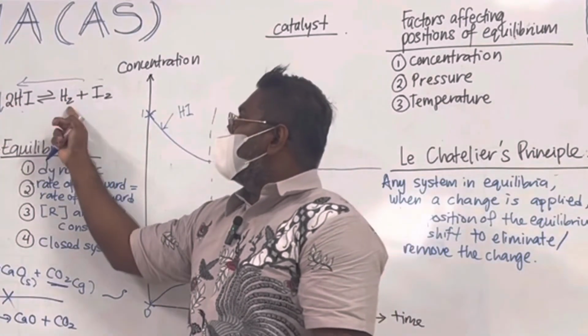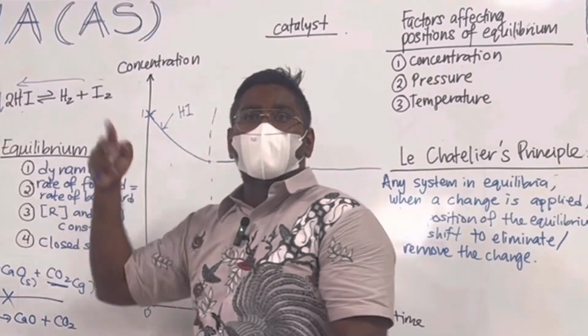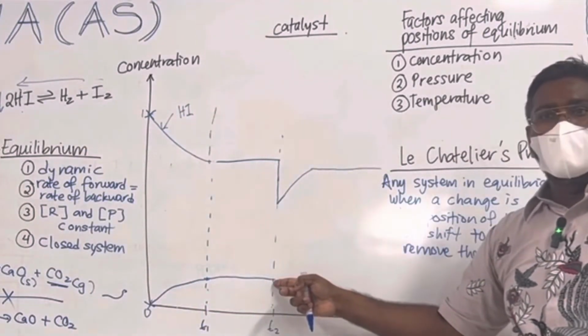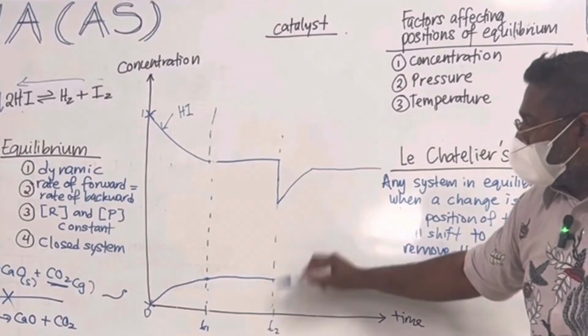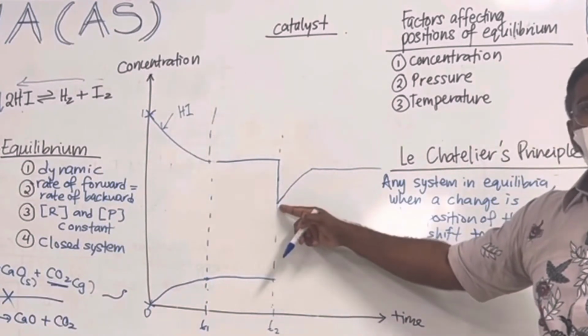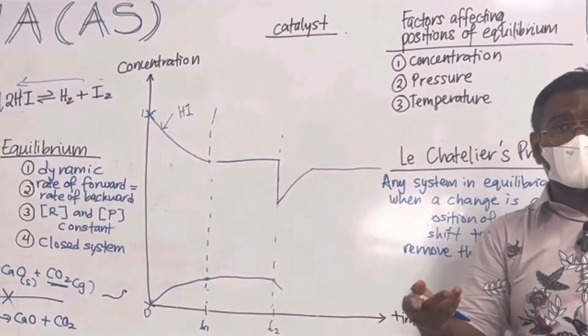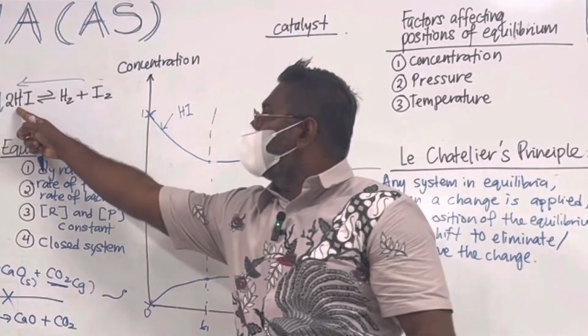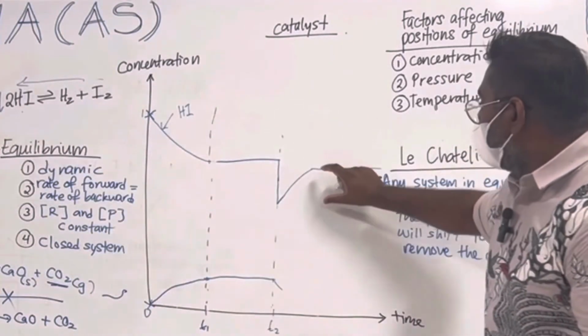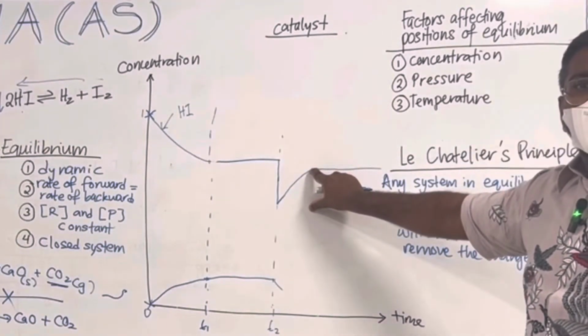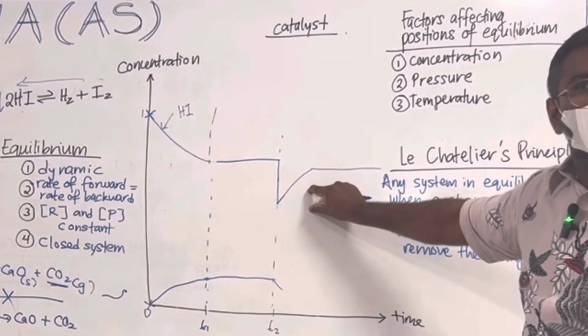Okay? So, it means that H2 and I2 will decrease. And you see here, H2 and I2 will not suddenly decrease like just now. They will decrease. But how much is the decrease? 2 moles and 1 mole. If the increase is from here to here, it should be half of it.